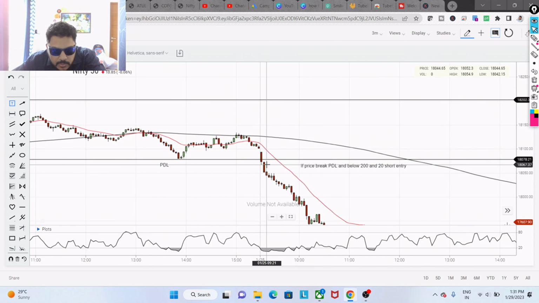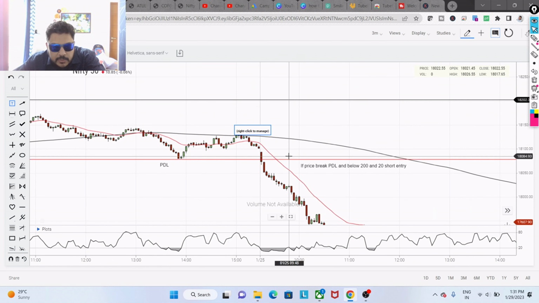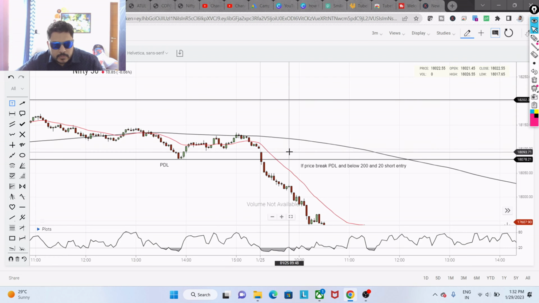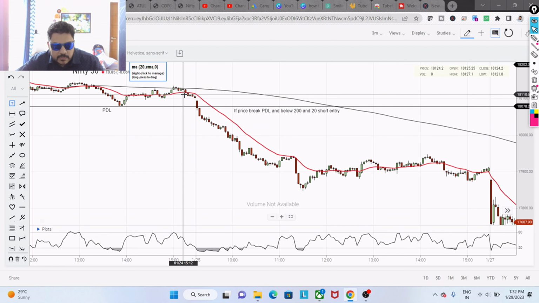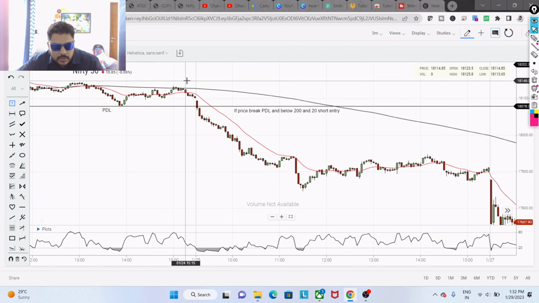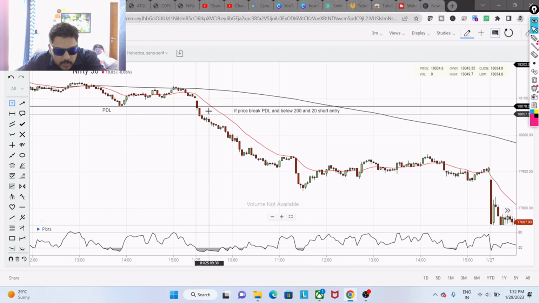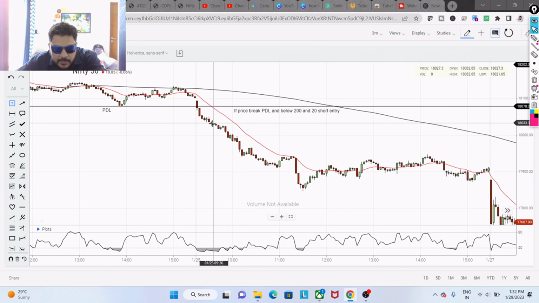So we are going to look for a short entry here. It broke and it's a good strength candle. If you want volume, you can add it in the futures chart. Volume at times doesn't give you 100% confirmation, but if you want to consider volume also, you can do that. Simply when these four things get aligned and the price is below, your short entry will trigger.